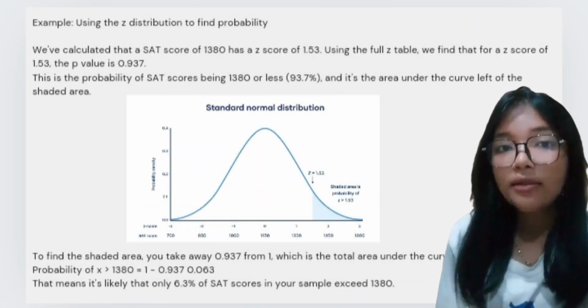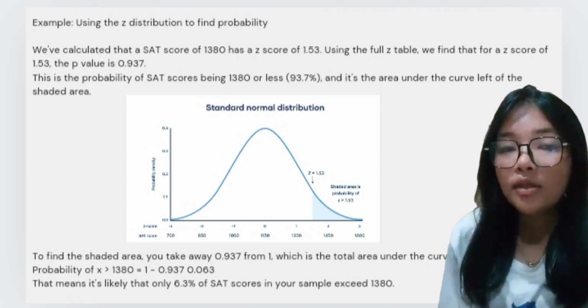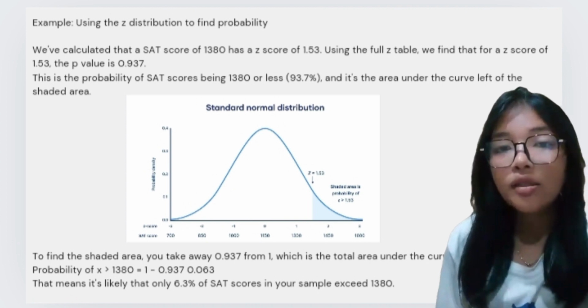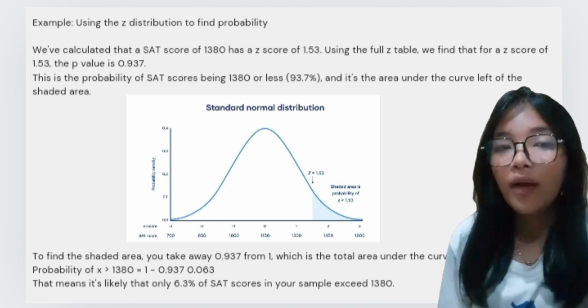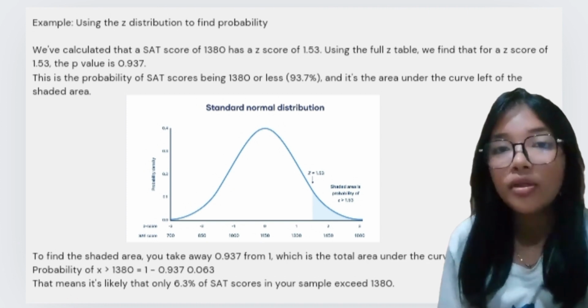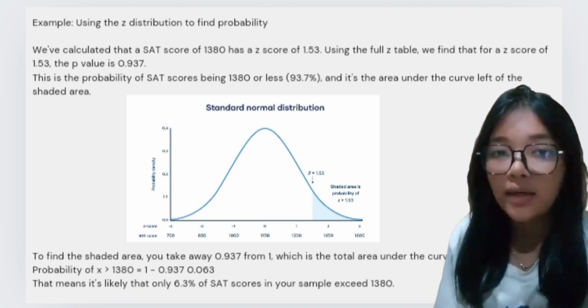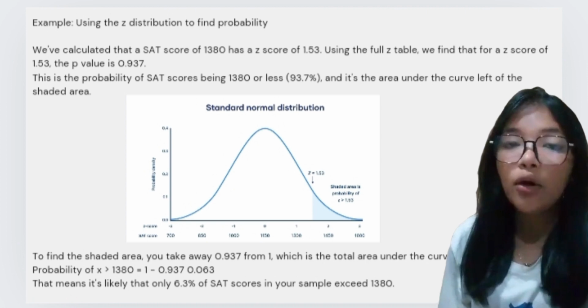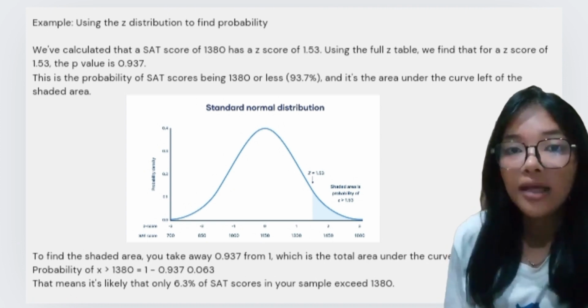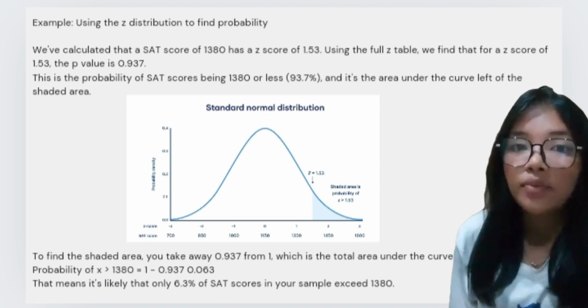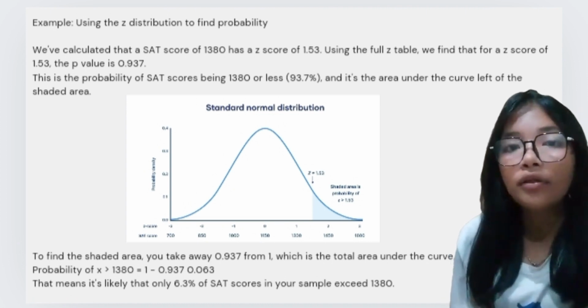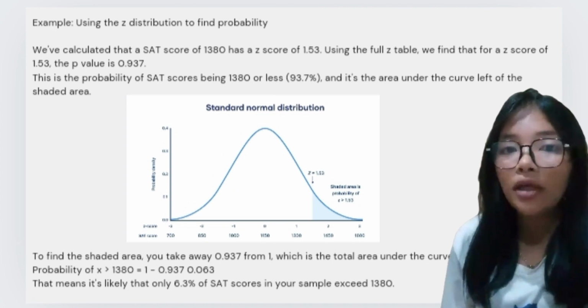Example, using the z-distribution to find probability. We've calculated that a SAT score of 1380 has a z-score of 1.53. Using the full z-table, we find that for a z-score of 1.53, the p-value is 0.937. This is the probability of SAT scores being 1380 or less, like 93.7%, and it's the area under the curve left of the shaded area.